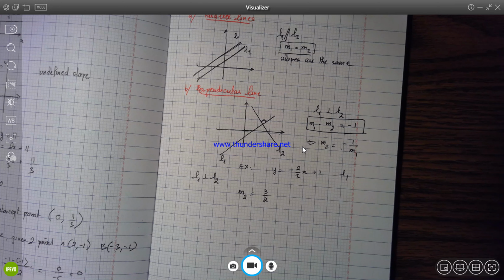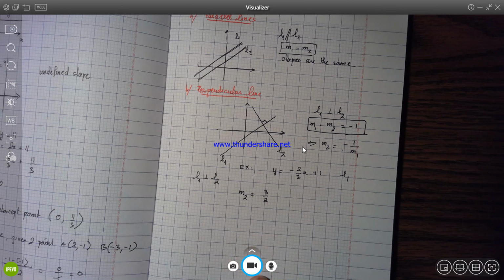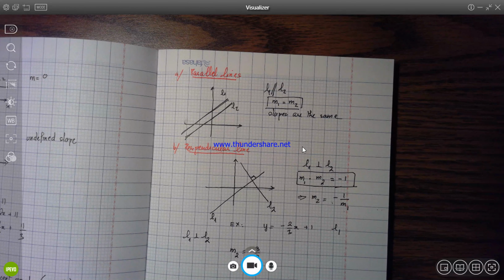So I want you to learn this carefully, so that when you go to a higher level, you don't feel awkward, because you already learned this. Whatever you learn, you have to learn carefully.